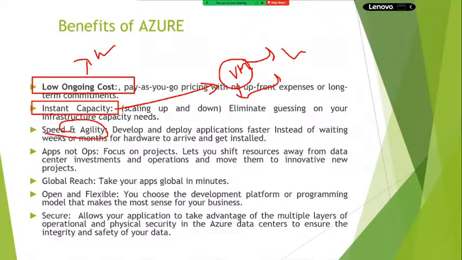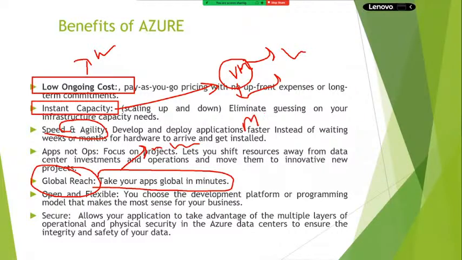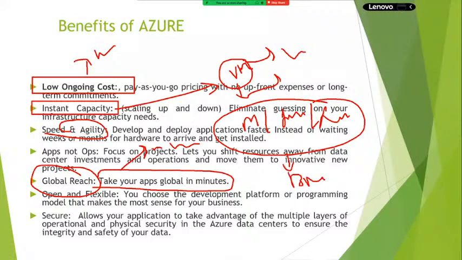Next, global reach. Your data can be distributed across the globe in minutes. You know, why are the applications of Microsoft, Google and Facebook very fast, even though they have billions of customers all around the world?